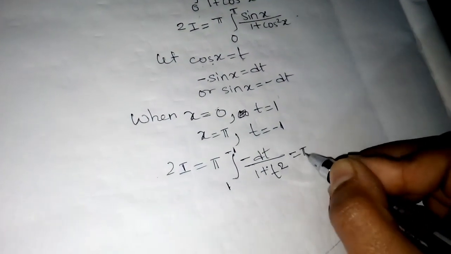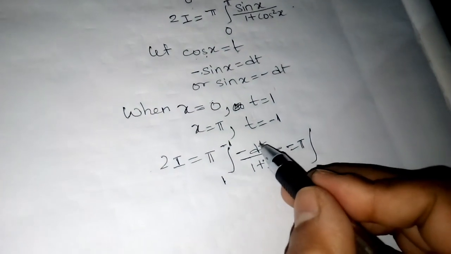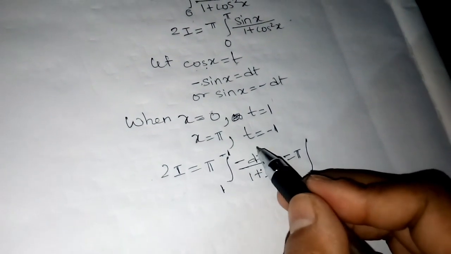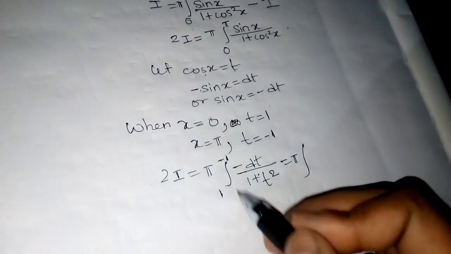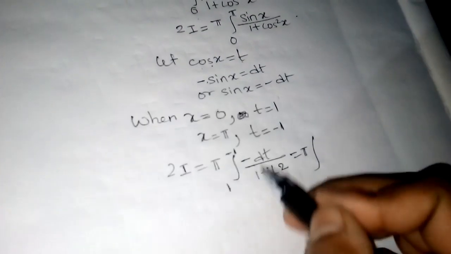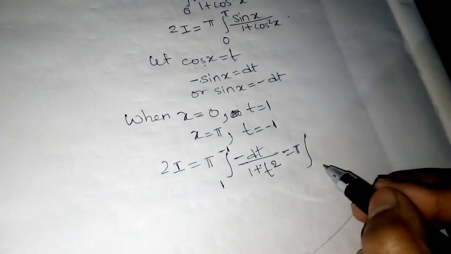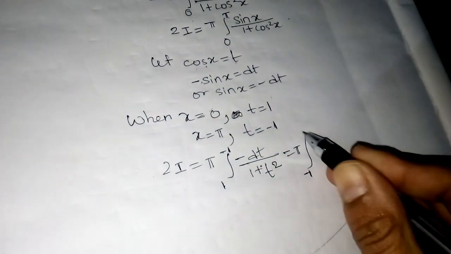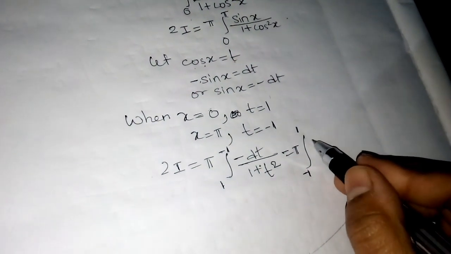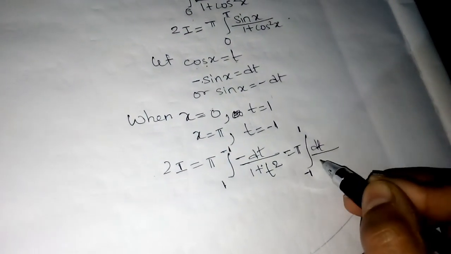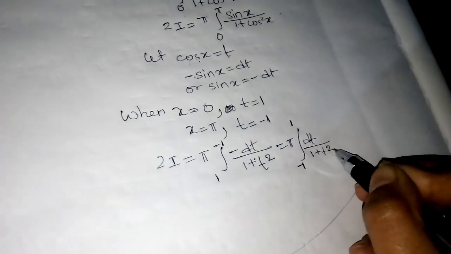To remove this negative sign, we interchange these two limits, as per the rule of definite integration. So minus 1 comes here and 1 goes here, and the minus is removed, so dt upon 1 plus t square.